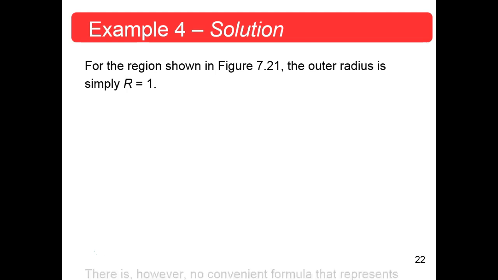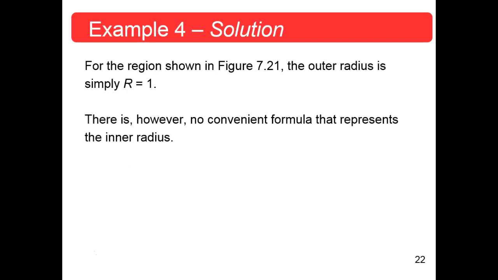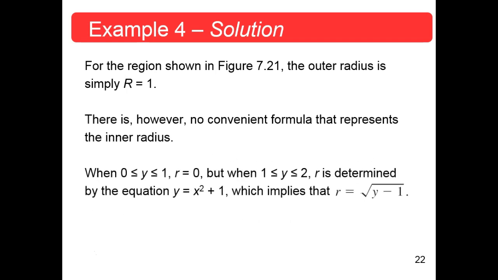The region shown by the outer radius is simply r is equal to 1. There is, however, no convenient formula to represent the inner radius, so you have to go back and do that, and that is square root of y minus 1, which we did too. Okay, and then your inner radius is 0 for the bottom part, which is really interesting, and square root of y minus 1.